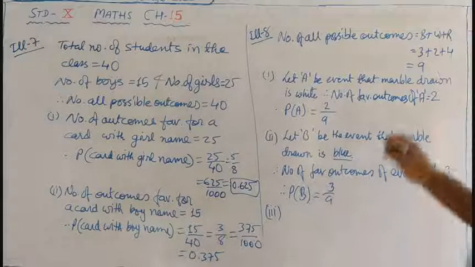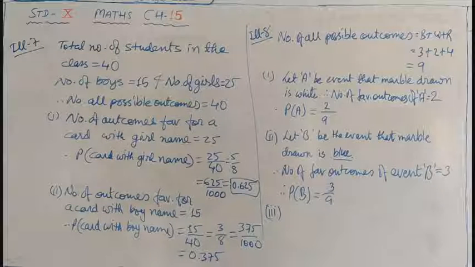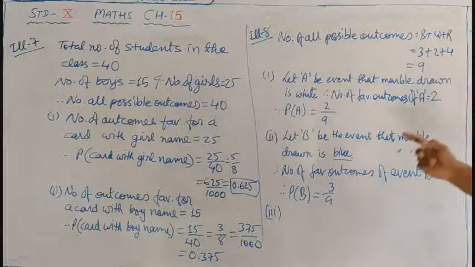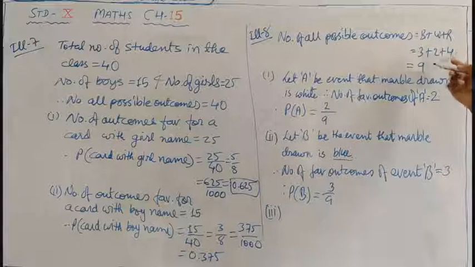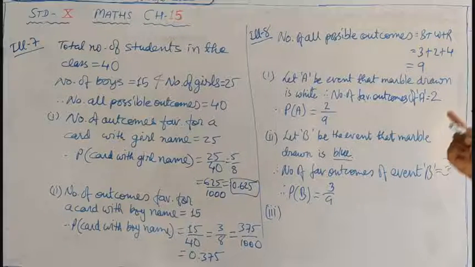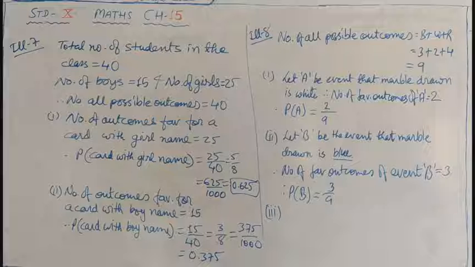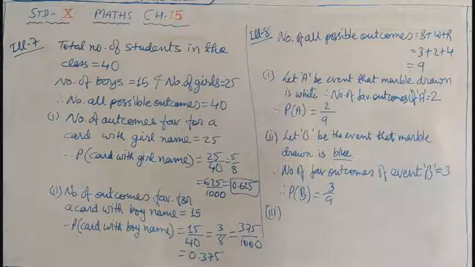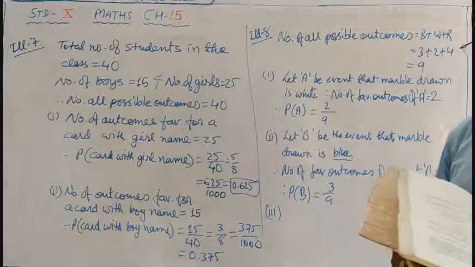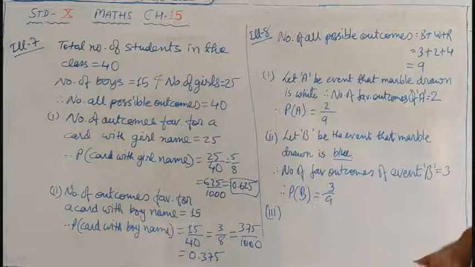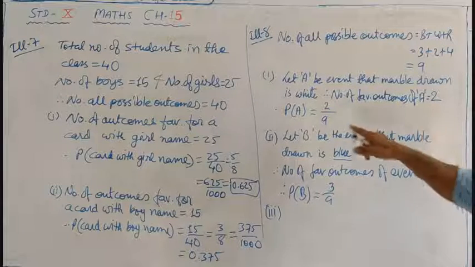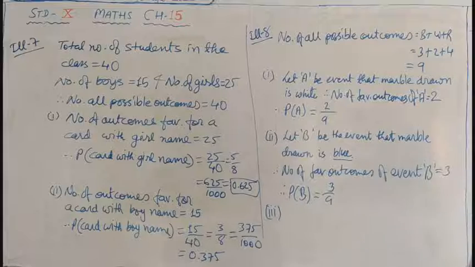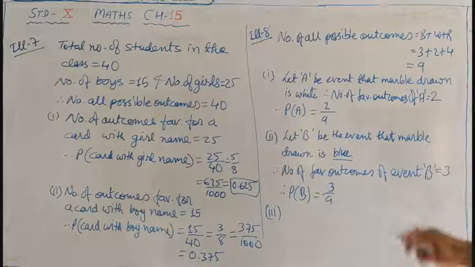Also we can say the ball drawn is neither blue nor white, that means it is red. So the probability of not being blue and not white is 1 minus 2 by 9 minus 3 by 9. In that way also we can solve.